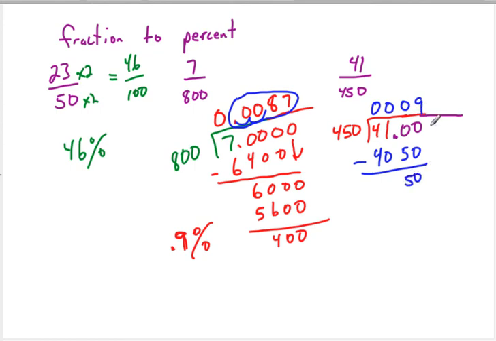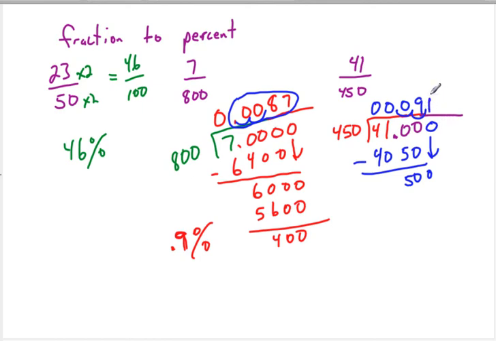And then, as we suspected, we're going to have to bring down another 0. So 450 goes into 500 one time. Now the decimals here, we're already going to need to move it over twice. So so far we're at 9.1%.